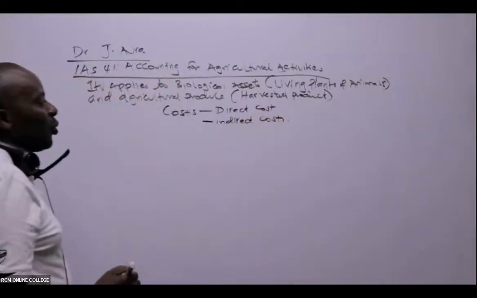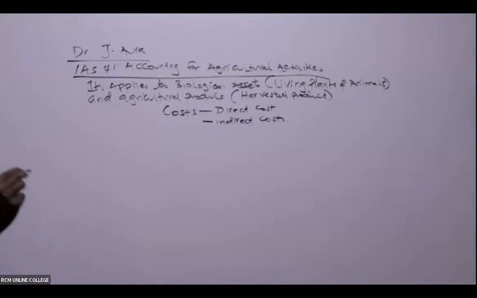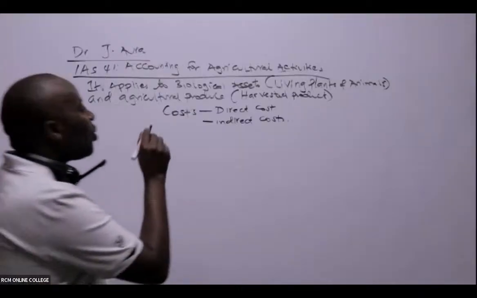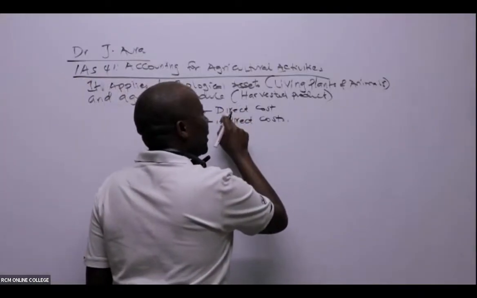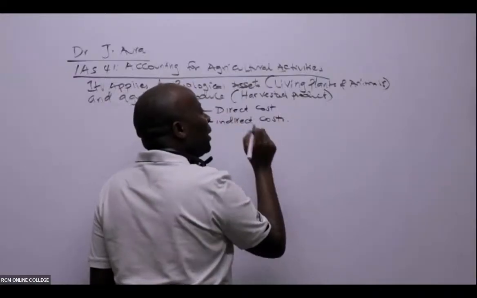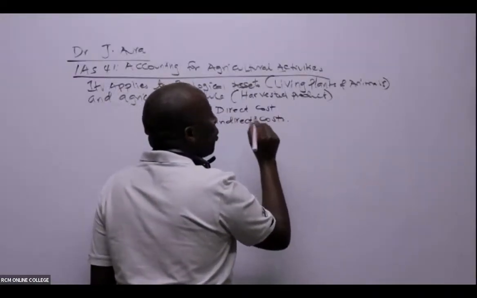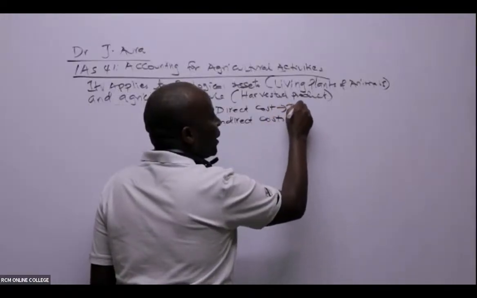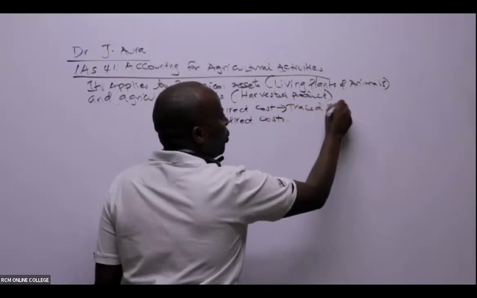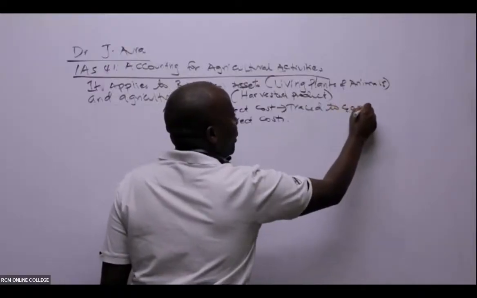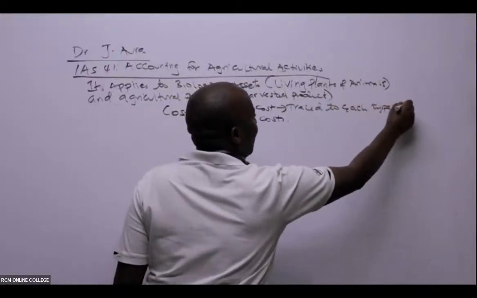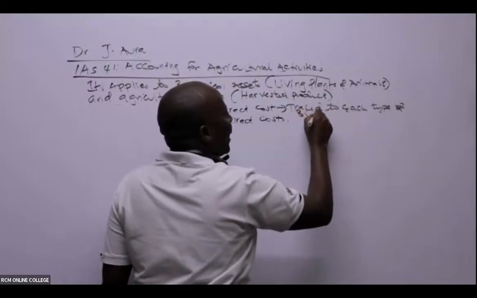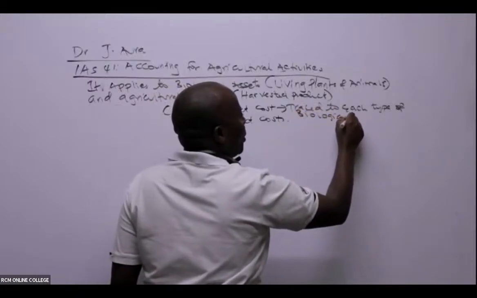These direct costs are, as the name suggests, attributable to each type of biological asset. They can be traced to each type of biological asset.